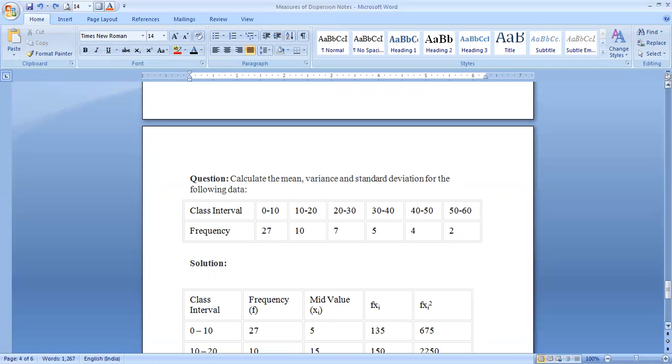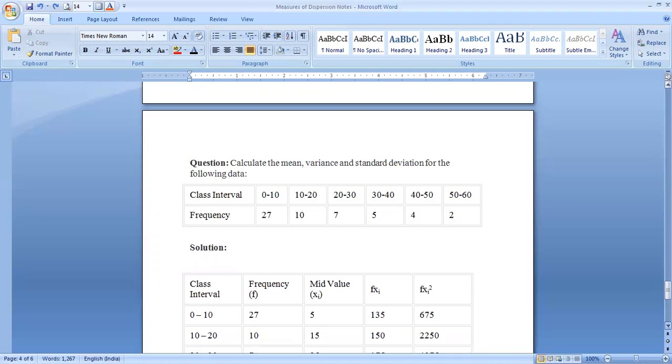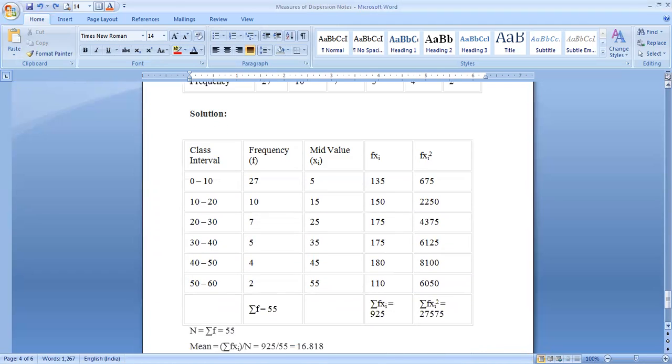We are given a table with class intervals 0 to 10, 10 to 20, 20 to 30, 30 to 40, 40 to 50, and 50 to 60, with respective frequencies 27, 10, 7, 5, 4 and 2. We are required to find the mean, variance and standard deviation for this data.